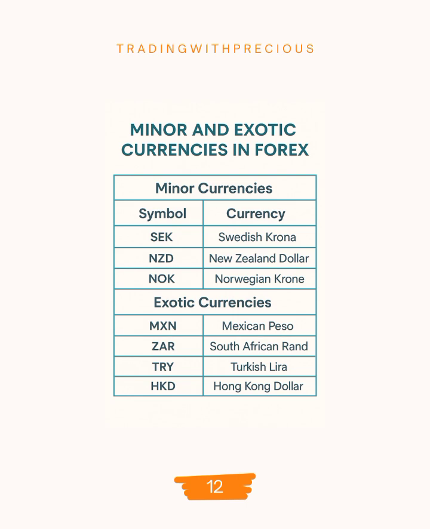Exotic currencies: MXN, Mexican peso; ZAR, South African rand; TRY, Turkish lira; and HKD, Hong Kong dollar. There are so many other exotic and minor currencies that I have not mentioned. But during the course of the training, we will not be paying attention to most of these exotic and minor currencies. We'll be using basically the major currencies.